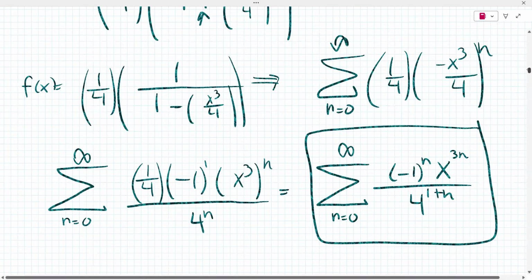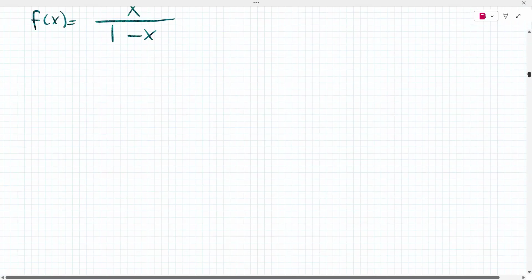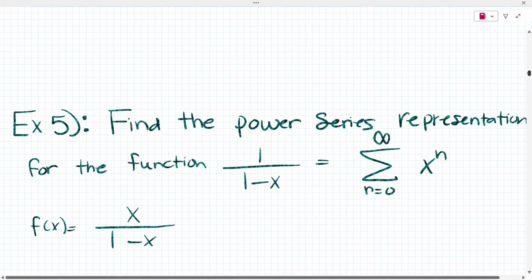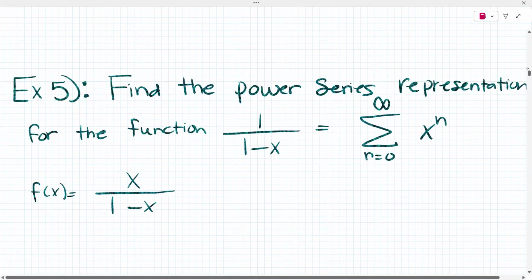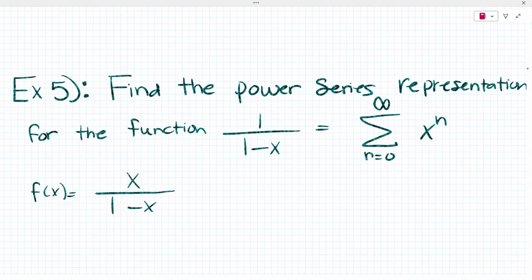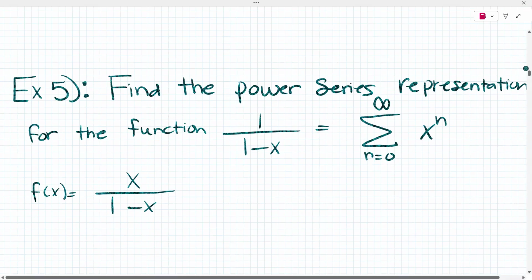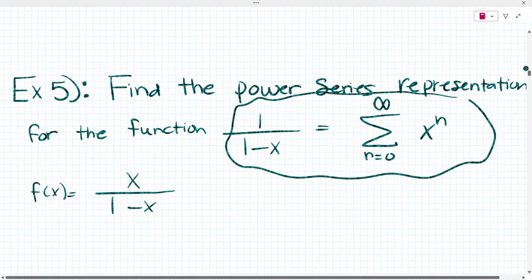Okay, let's move on to example 5. Find the power series representation for the function x over 1 minus x. So this is the rule we need to use. But our function is f of x equals x over 1 minus x.